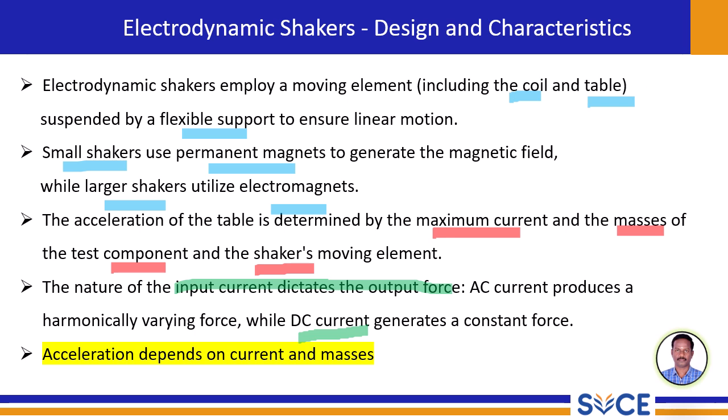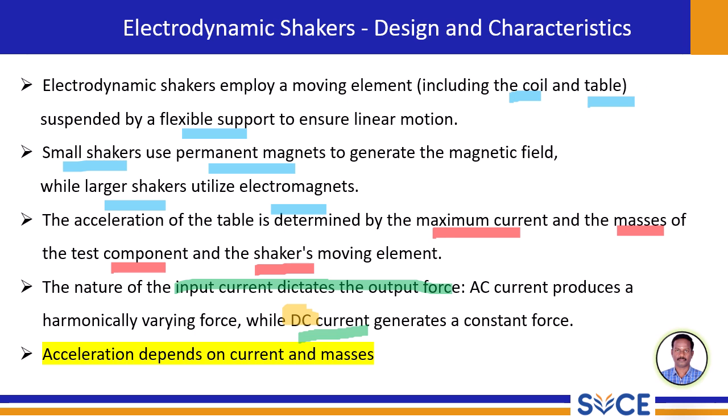We often use it for frequency response analysis and fatigue testing. On the other hand, if we apply a direct current, that is DC current, it will generate a constant force, which can be useful for static or quasi-static testing scenarios.